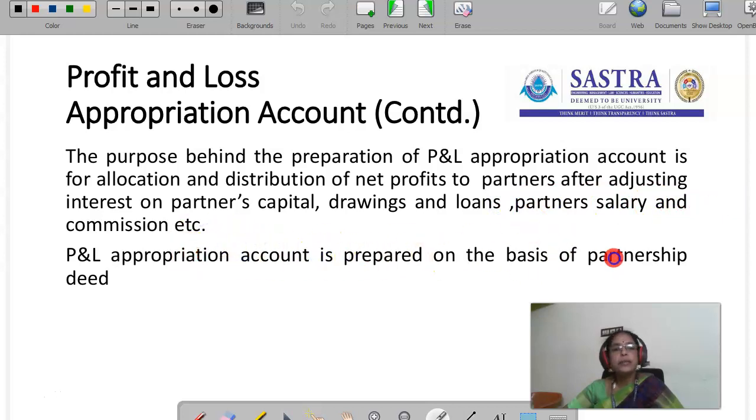It is prepared on the basis of the partnership deed. The partnership deed mentions the interest on partner's capital, interest on drawings, interest on loans, how much salary has to be given to partners, what percentage of commission. All those things are mentioned in the partnership deed. So on the basis of the partnership deed, we have to prepare the P&L appropriation account.